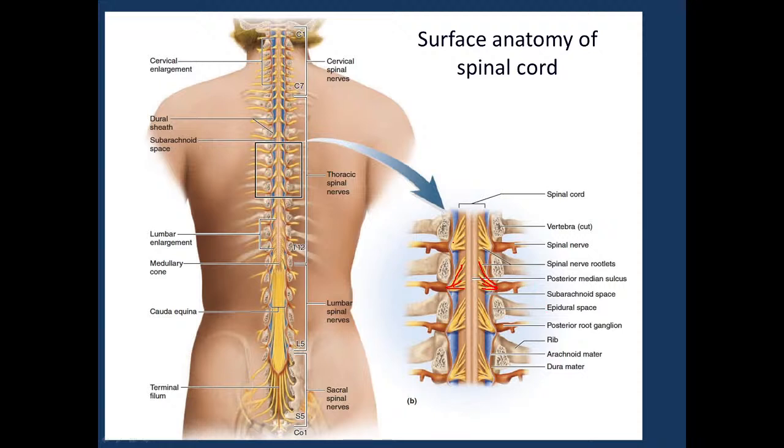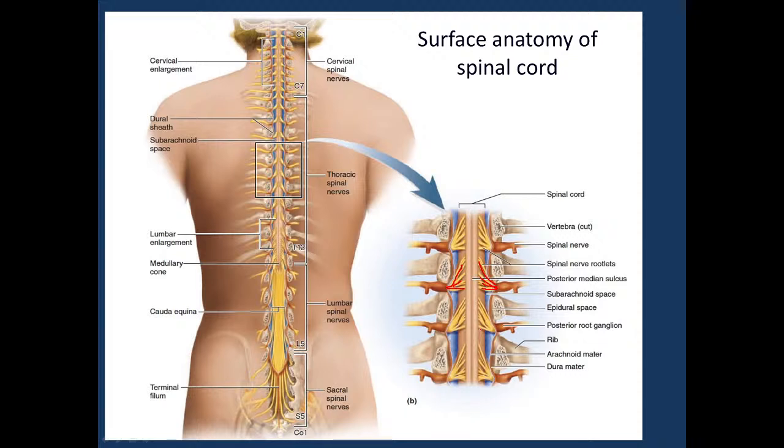They are located on the posterior surface, like here, and also we could see anterior roots from the front surface of the spinal cord.